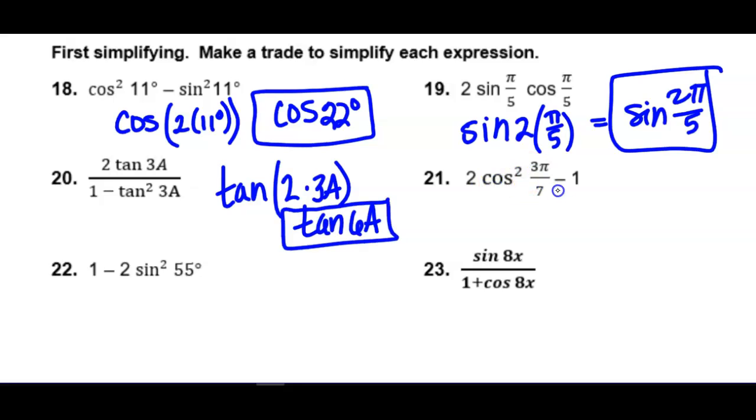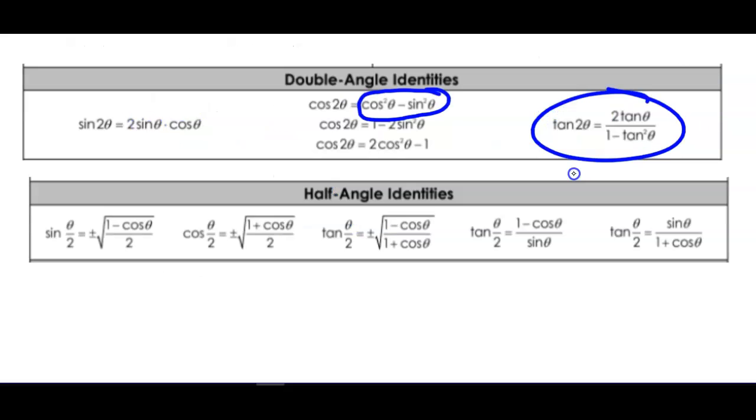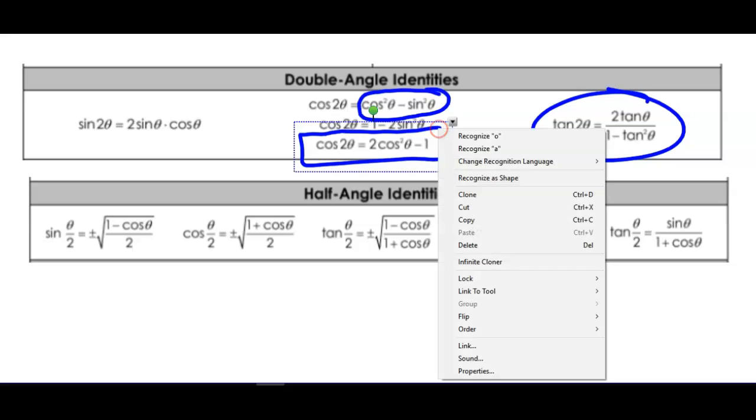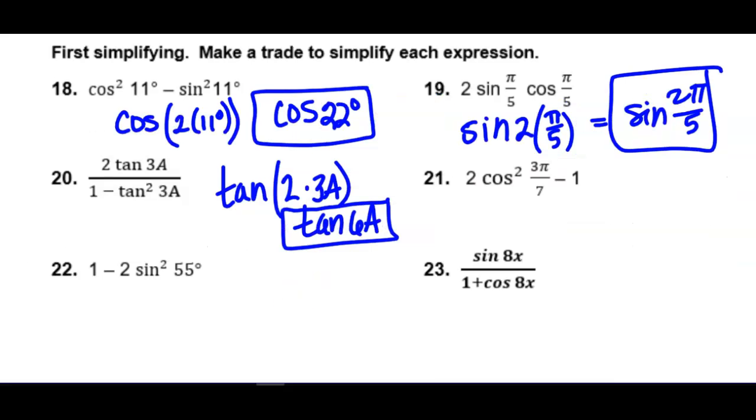Okay, 2 cosine squared minus 1, right here. Guys, 2 cosine squared minus 1 is the cosine of 2 theta. So this is the cosine of 2 times the angle, which is 3 pi over 7, so we get the cosine of 6 pi over 7.